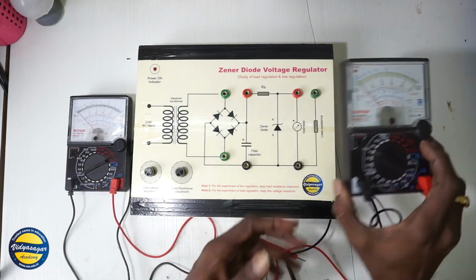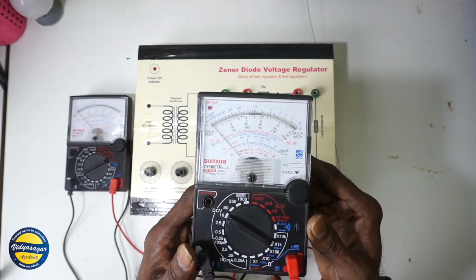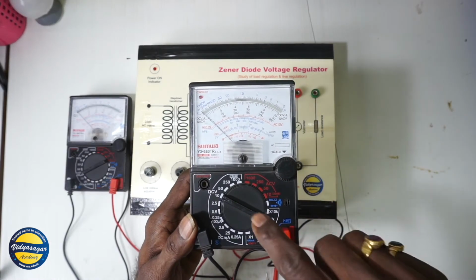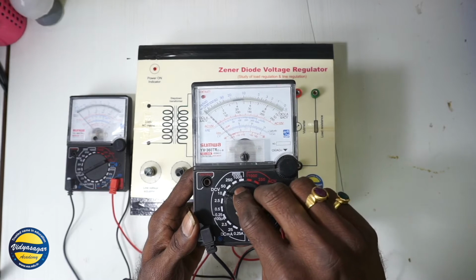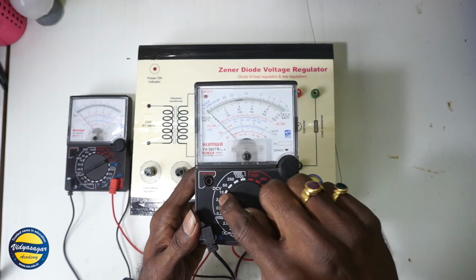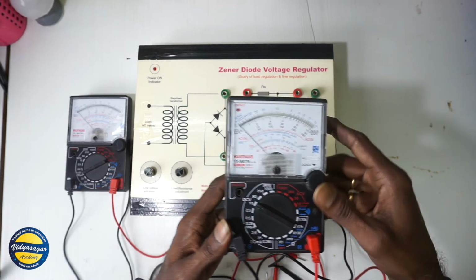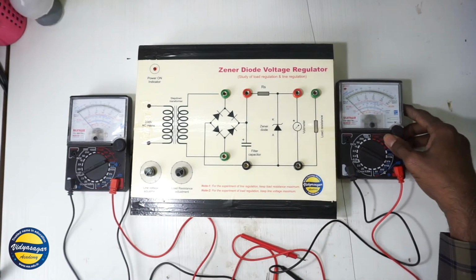Similarly, I am using this voltmeter as a DC voltmeter, and I have put the knob at the DC 10 volt range. So we are using two voltmeters.